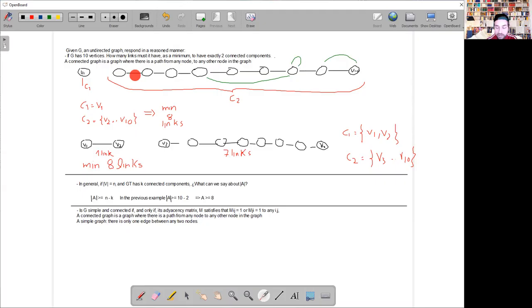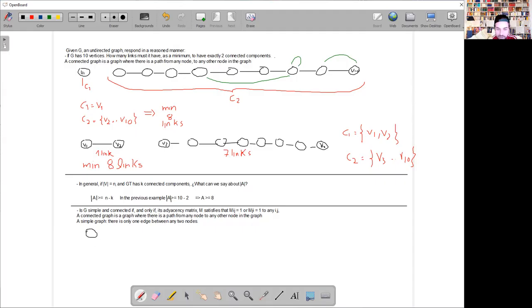And the adjacency matrix of this graph wouldn't be all ones because this node is not adjacent to V10, for instance. So let's put a simple example here, right?